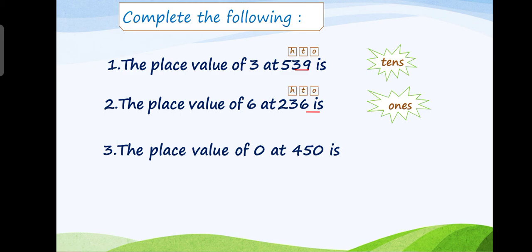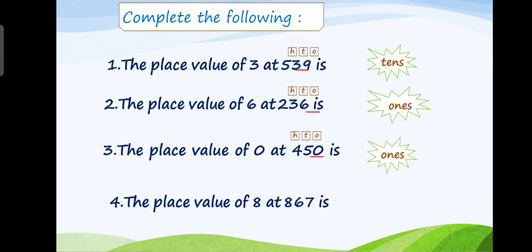The place value. That means that number is in which place? Ones, tens, hundreds. In ones. Number 4, the place value of 8 at 867 is... I will put the places: ones, tens, hundreds. 8 is in which place?